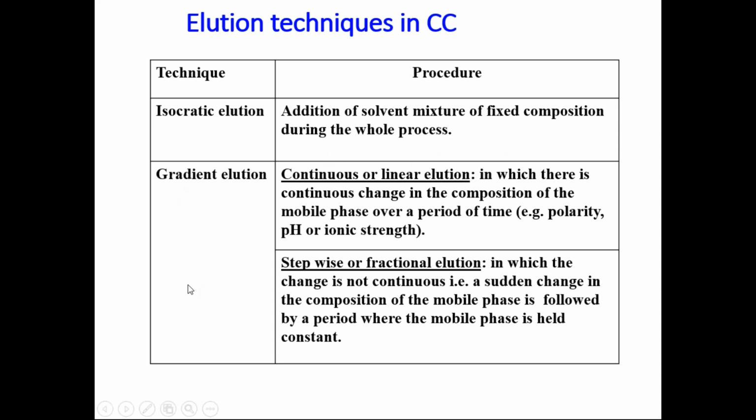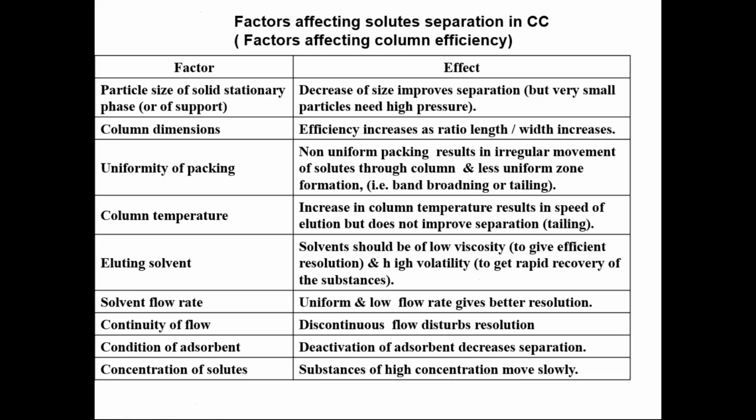In a gradient elution, you can change the concentration of the eluent as the separation is taking place, and you can use linear gradients or stepwise gradients. In the class on HPLC, a detailed explanation of gradient elution, the continuous and the stepwise, will be discussed.